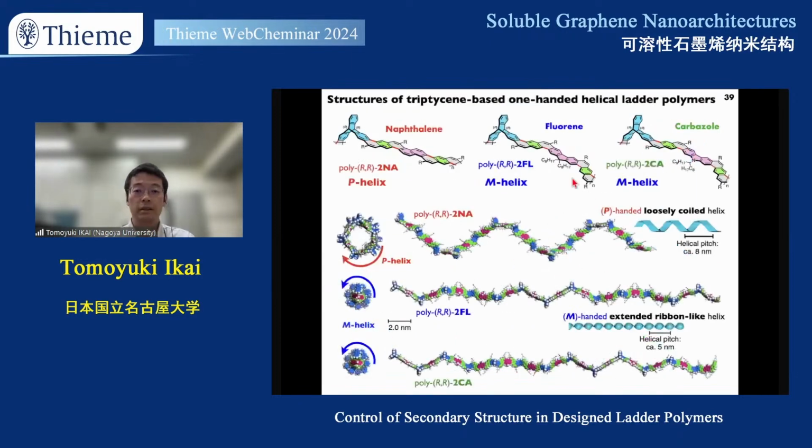On the other hand, the fluorene and carbazole-based rubber polymers have a different secondary structure from the naphthalene type in terms of helical geometry and helical handedness. So these polymers possess a left-handed extended helix without a helical cavity.